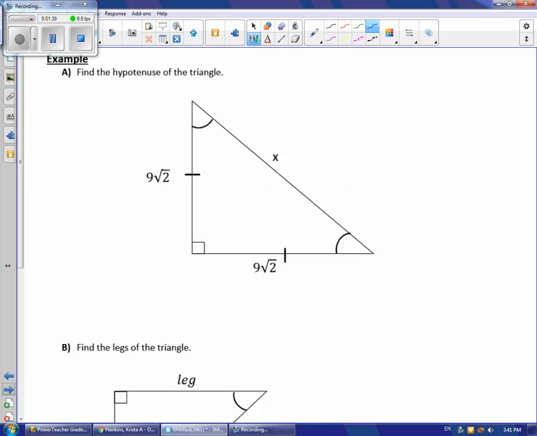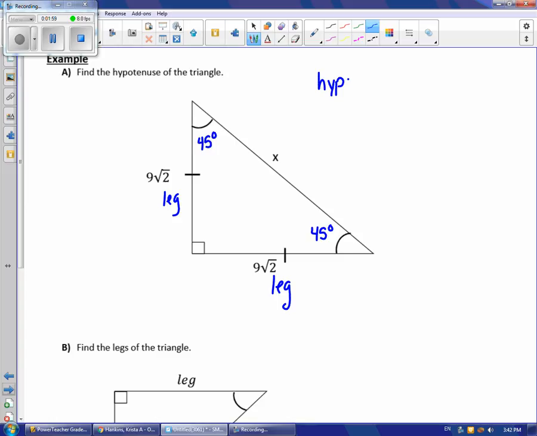Okay, so let's do an example. So we have a 45, 45, 90 triangle. I know it's a right triangle. I know by the way the legs and the angles are labeled that these two angles are 45 degrees. And I know each of my legs is 9 square root of 2. Okay, so x is my hypotenuse.